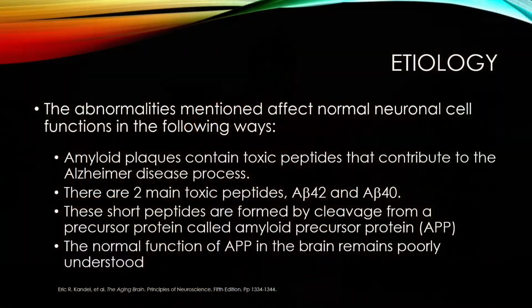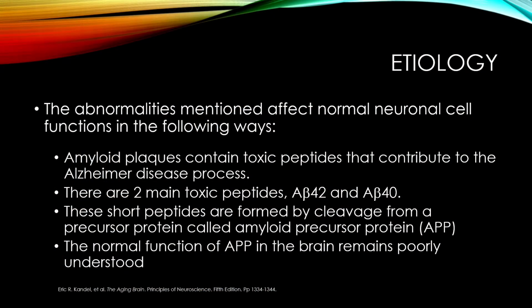So the abnormalities mentioned affect normal neuronal cells, their functions, in the following way. You have your amyloid plaques that contain the toxic peptides, and this contributes to your Alzheimer's disease process.